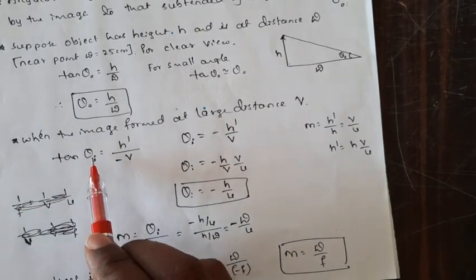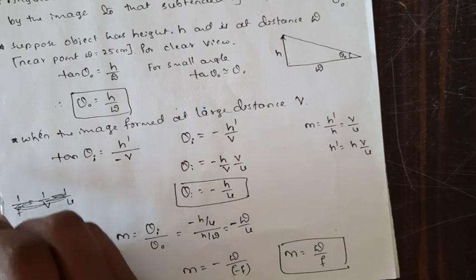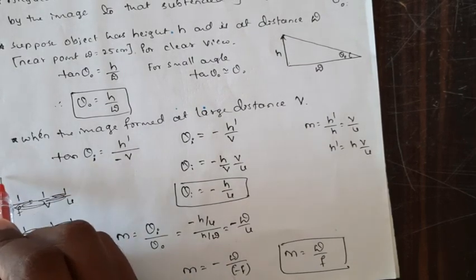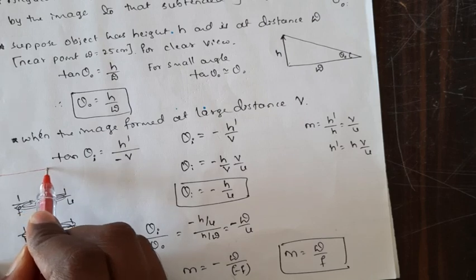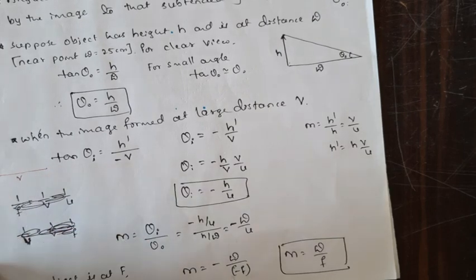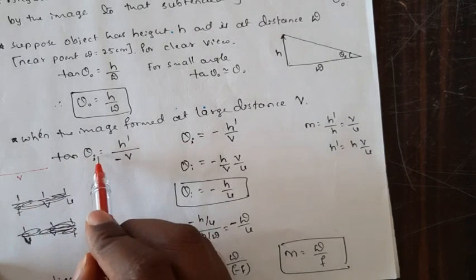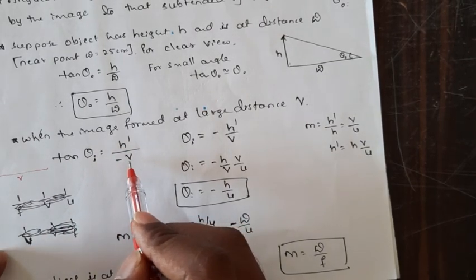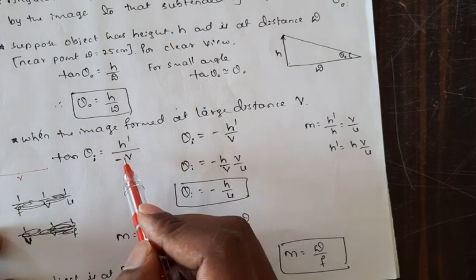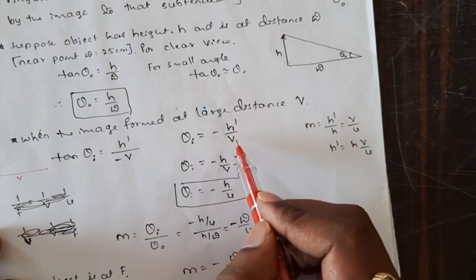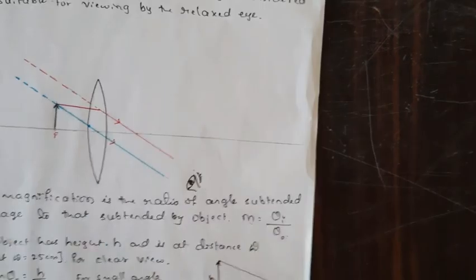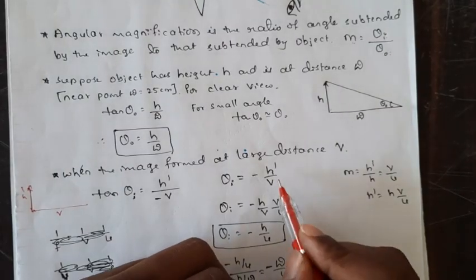This is the distance of the image and the height of the image is h dash. We don't know this distance, so I take it as v, and tan theta is equal to h dash divided by v. Because of the sign convention we take the negative value. Then theta is equal to minus h dash by v.